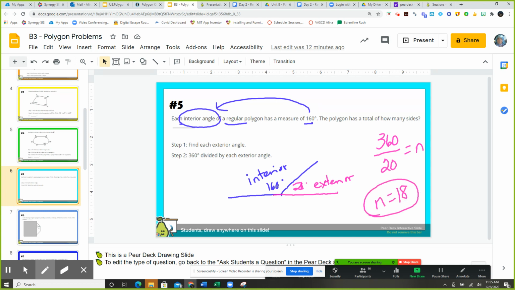So instead of a triangle or a quadrilateral or a nonagon or a decagon, this is an 18-agon. And the bigger the number of sides, the bigger that interior angle. It's never going to actually equal 180 because it can't be flat, but it's going to get pretty darn close.